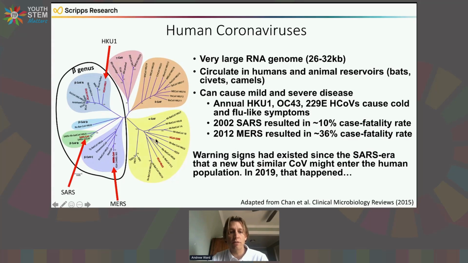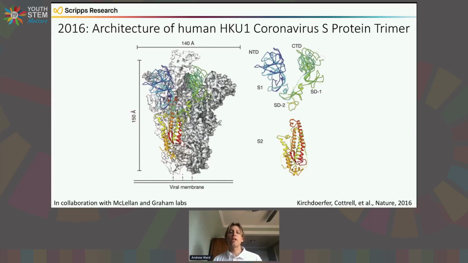Here's the family tree of coronaviruses, and most of the ones we care about are in the beta genus, and then within that, HKU1 is in the A family. So through a lot of biochemistry and hard work by Jason's lab and my lab, in collaboration with Barney Graham, we were able to use cryo-EM to solve the structure of the coronavirus spike protein trimer. And here's what it looks like.